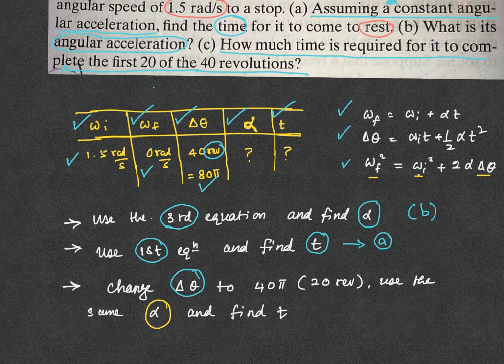So we are going to use 20 revolutions and convert it into radians. That will give us 40 pi, and we use this number with the same alpha and find t. So why don't you decide what equation to use there, and that would be the answer for part C.